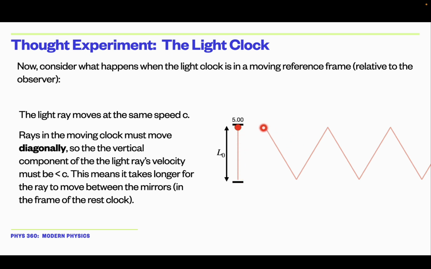But since the velocity is now angled through space, the y component of the light's velocity must be less than what it is when the light is just being directed downward. So since the y component of the velocity is less in this case, it's going to appear to take longer to bounce back and forth between the two mirrors.